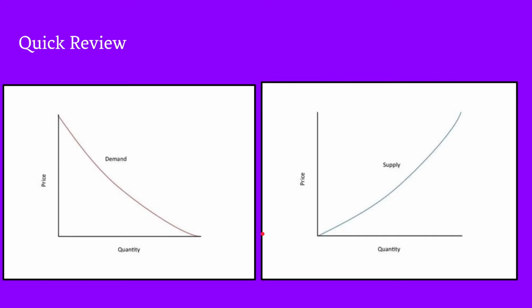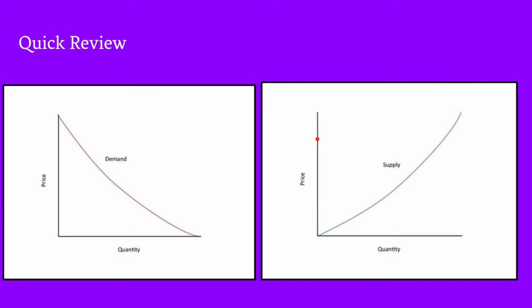The supply curve, on the other hand, shows us the law of supply. As the price of a good increases, the quantity supplied will increase because producers of that good or service will be incentivized by the higher selling price to make more of that good. For example, here we see that if the price of something is low, the quantity produced is going to be low.